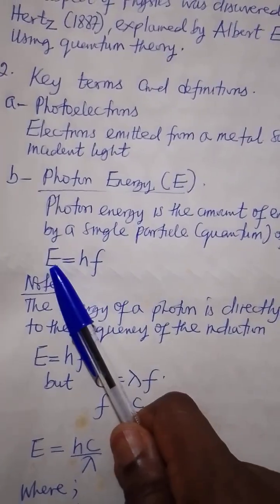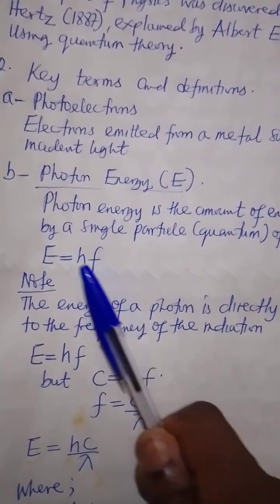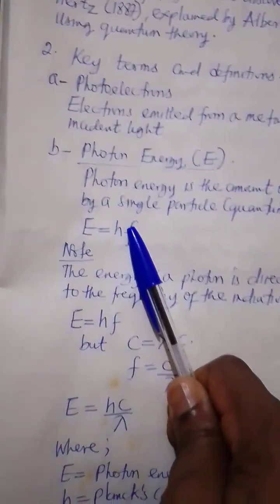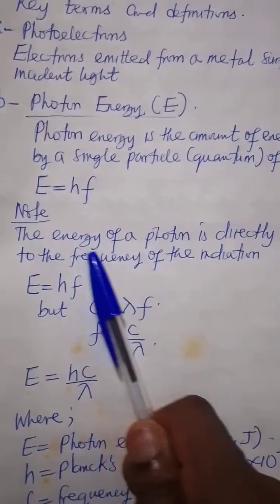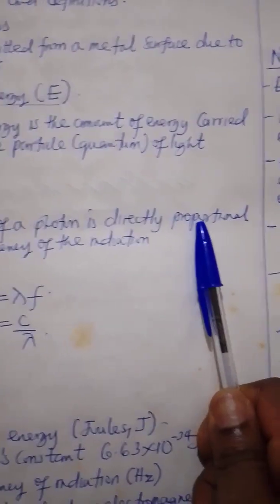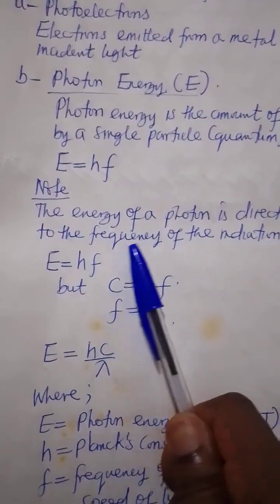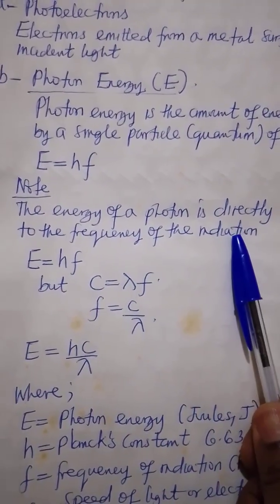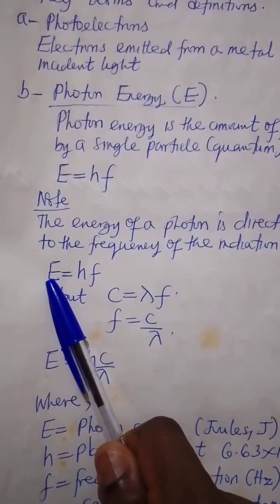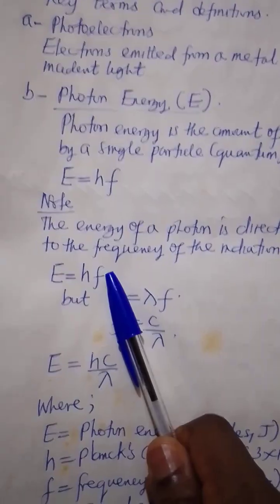It is given as E = hf. I need you to commit this formula to your memory. Note that the energy of a photon is directly proportional to the frequency of the radiation. That is, the photon energy is proportional to the frequency of the incident radiation.